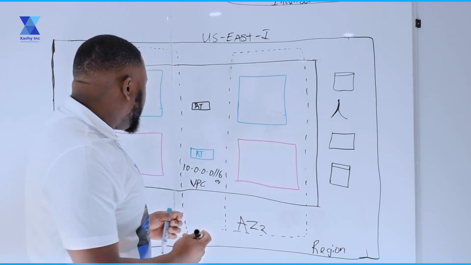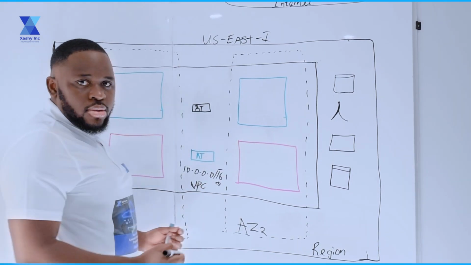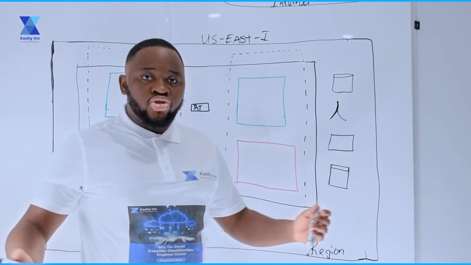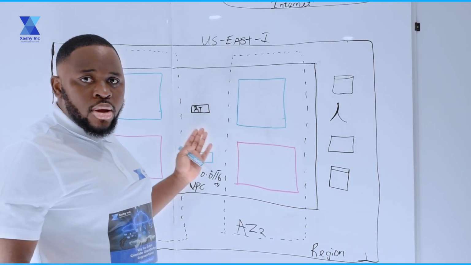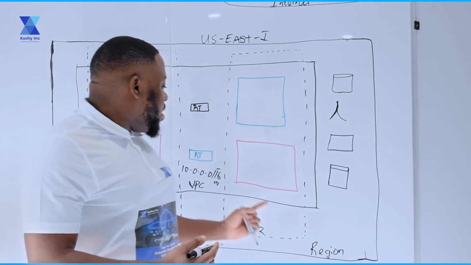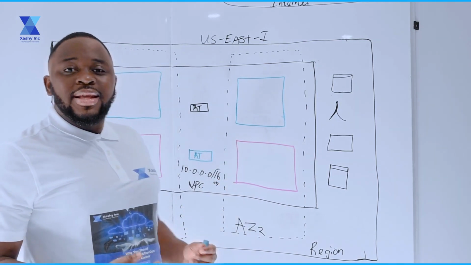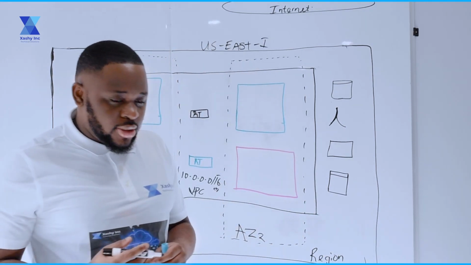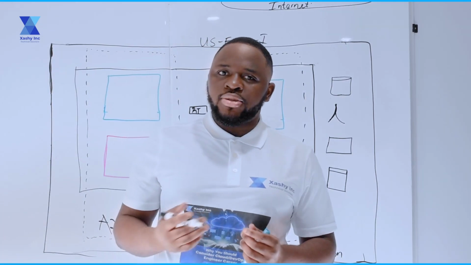Now, the lower the subnet mask number, the higher the number of IP addresses you can have within your VPC. The higher the subnet mask, the fewer the number of IP addresses you can have within your VPC.